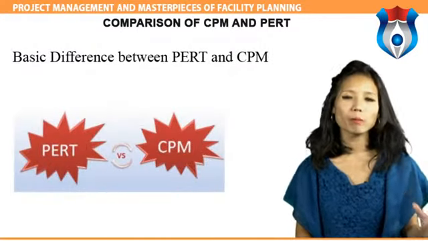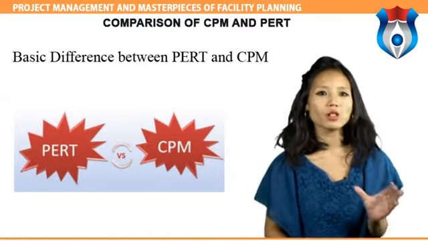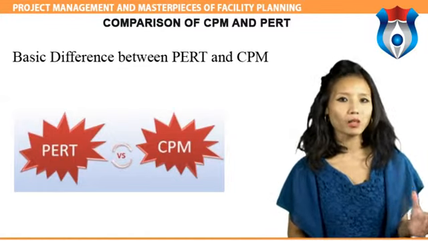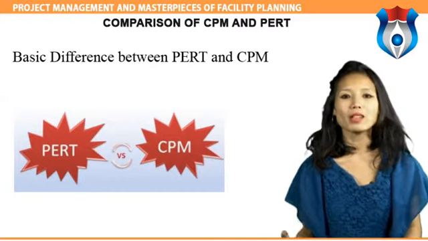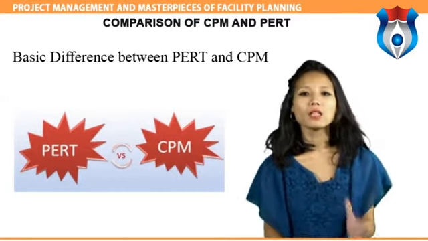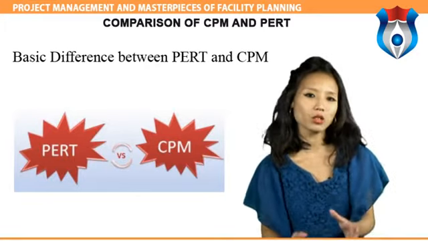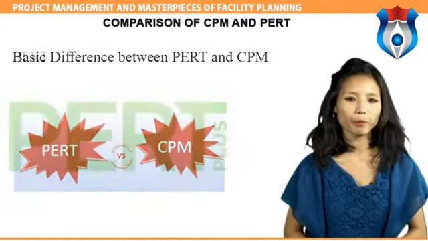Basic difference between PERT and CPM: though there are no essential differences between PERT and CPM, as both of them share in common the determination of a critical path, both are based on the network representation of activities and the scheduling that determines the most critical activities to be controlled so as to meet the completion date of the project.